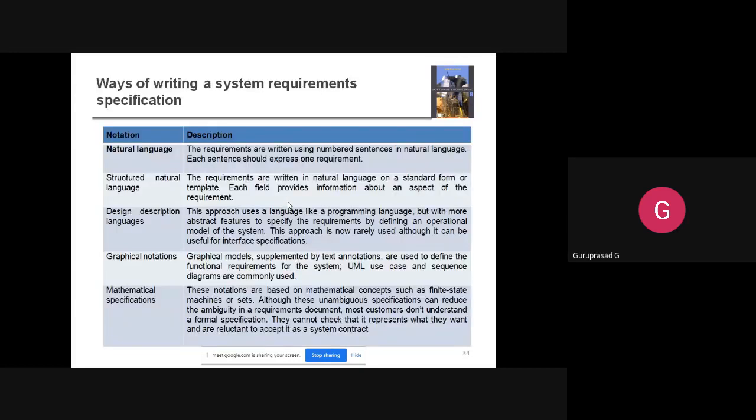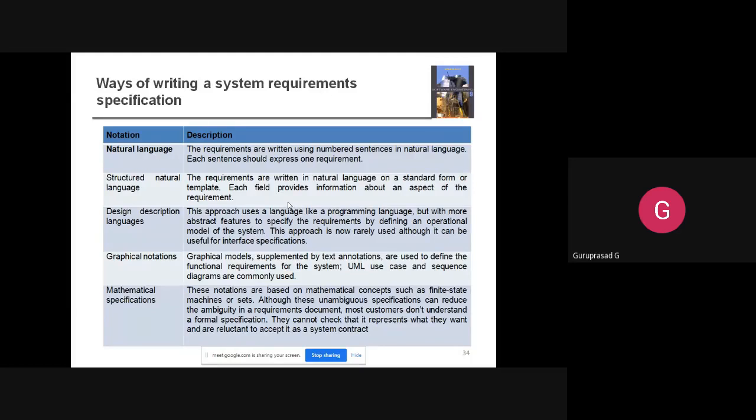Now the question comes is, okay, how to write these requirements. How to specify the requirements. User requirements are generally written in natural language. What is this natural language? It is nothing but your English. But system requirements can also be written in natural language.